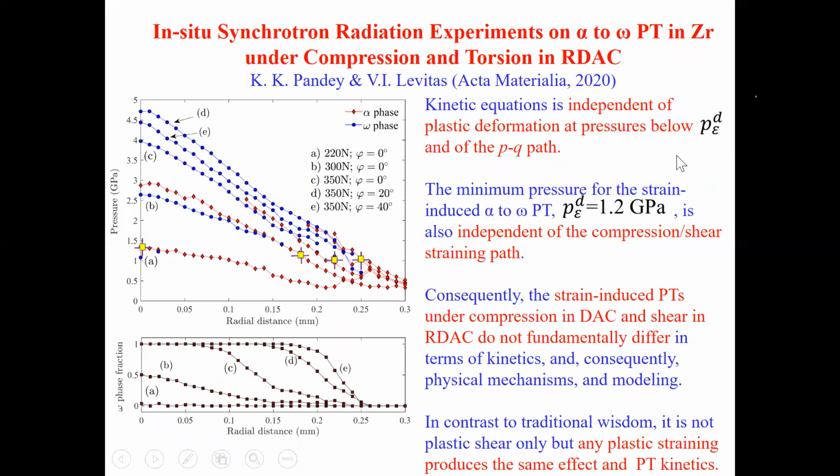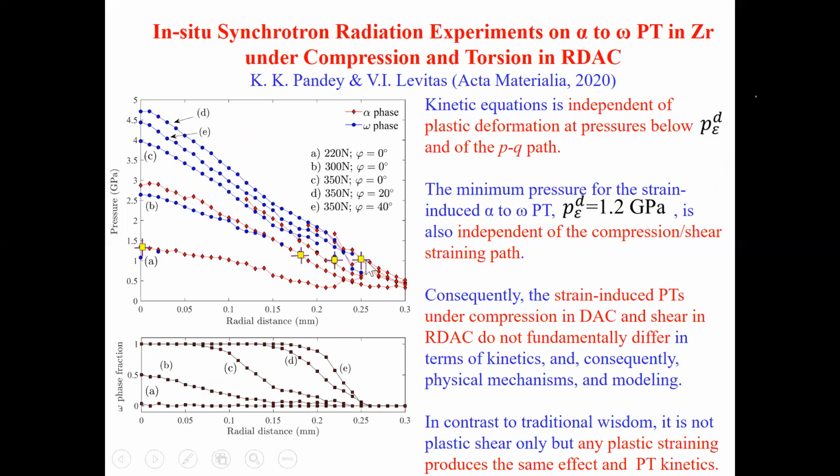Also about minimum pressure for strain-induced phase transitions, this 1.2. You see here pressure distribution in low and high pressure phases, and these yellow squares correspond to initiation, so first detection of omega phase.